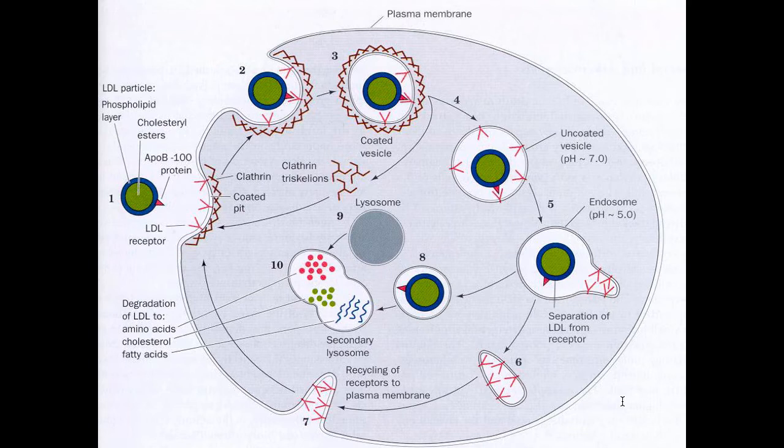It goes from pH 7 to pH 5, so an acidic endosome is formed. And what does that do? That alters the interaction, or let's say that separates the LDL receptor from B100.